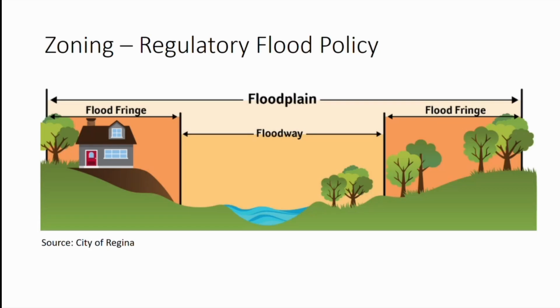So this is a typical example of a two-zone policy where you have the floodway delineated and the fringe where developments can happen. Once the water rises above the bank, it is able to inundate the floodplain for those ecosystem processes to still go on.